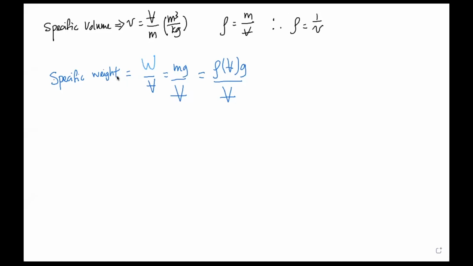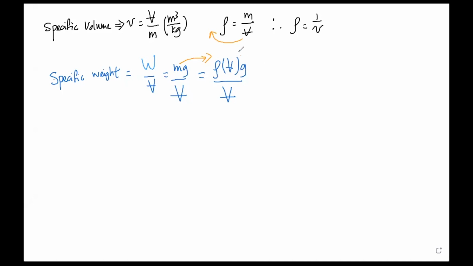Specific weight is weight over the total volume. The weight is mg. The mass m is density times the total volume. When we look clearly at this equation, we can move the volume here, and we have m replaced with density times volume, times g, over volume.